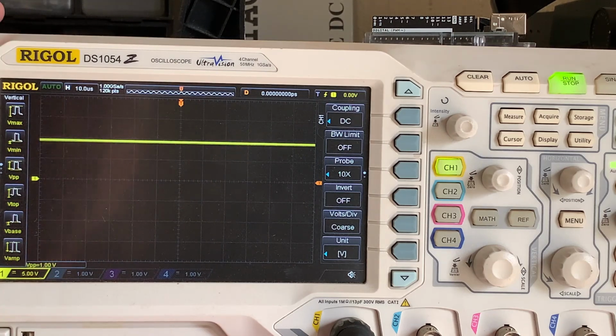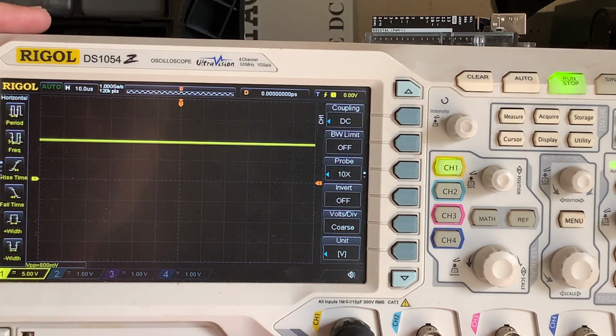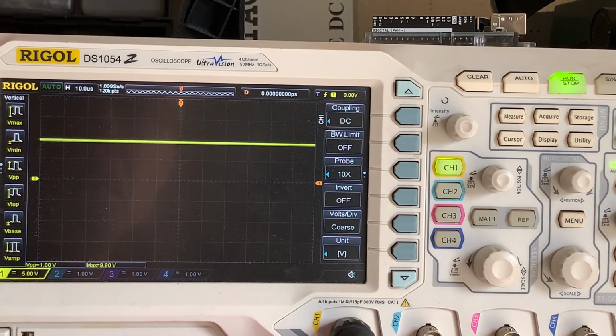Obviously we can't have volts peak to peak, but what we can have is Vmax 9.6 volts. If we look at the second circuit, again our Vmax is 9.6, but obviously I've messed around with this pot and stuff.